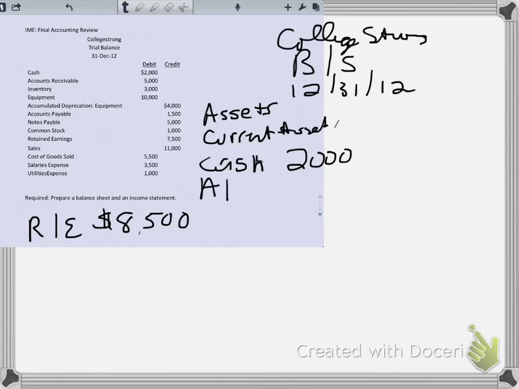Accounts receivable, which is $5,000, and inventory, which is $3,000. Those items total $10,000.